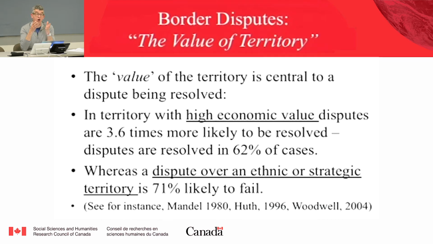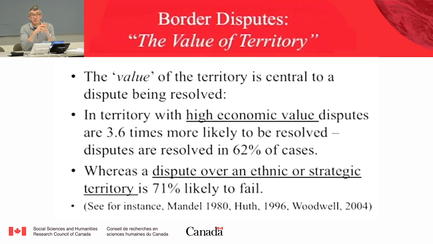So if you have oil or gas or coal, or extremely wealthy fisheries, precious metals and so on and so forth, very often there is tremendous market pressure on the states as well as on the court to resolve the issues. And so treaties function quite well in these cases, and we see it in the statistics: these disputes are resolved.